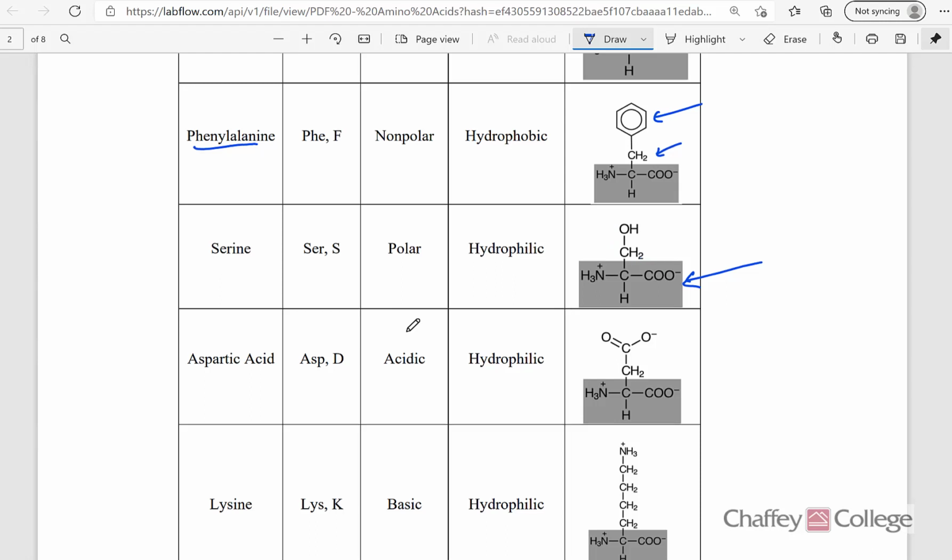All these structures are for the zwitterionic or the neutral state. You can see that they have both COO negative and NH3 positive parts in all of these. And in acidic solution, you have to write down the structure of these required amino acids, and then also in basic solution.